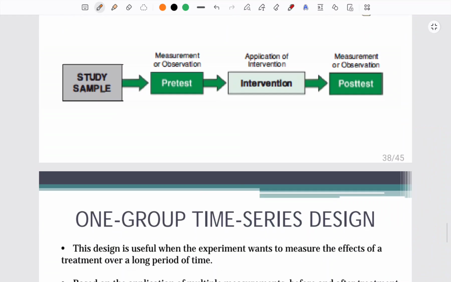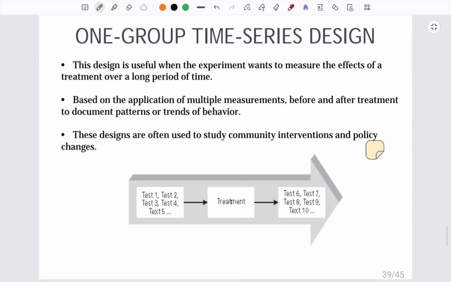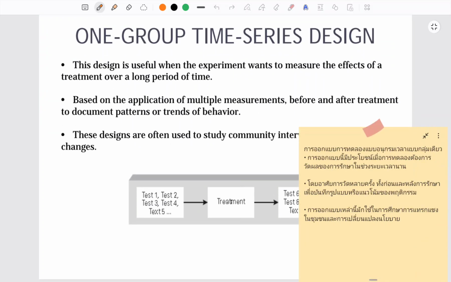The last one is the one group time series design. This design is beneficial for public health planning, for policy planning.